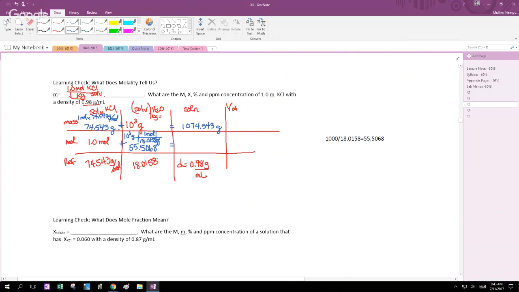Now what? Absolutely. I can get my moles total, 56.5068. But for one of the concentrations, I need volumes. So how do I get to volume?